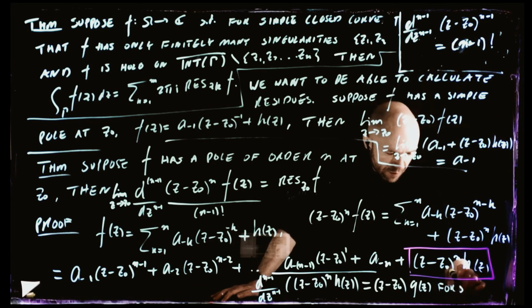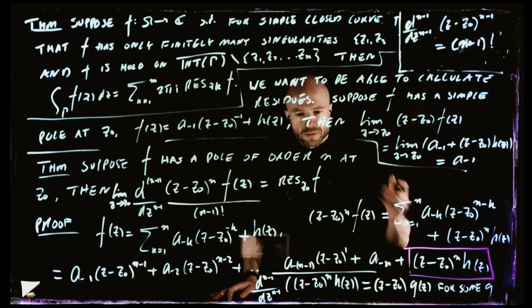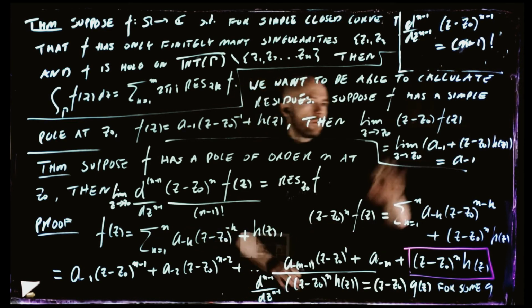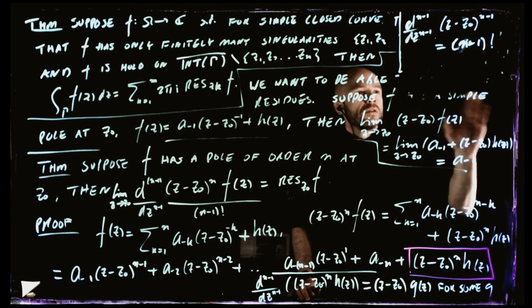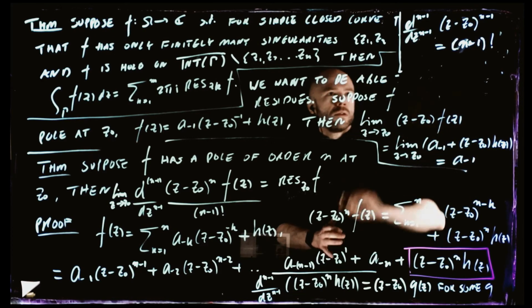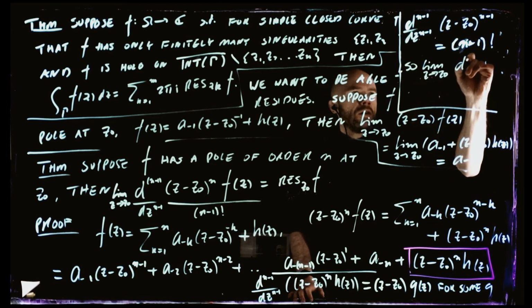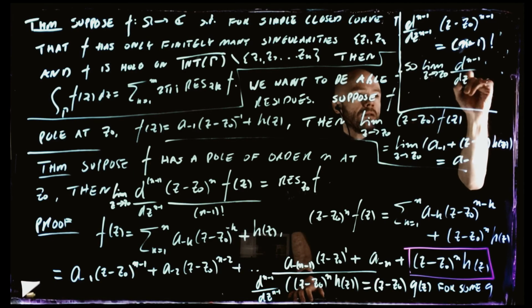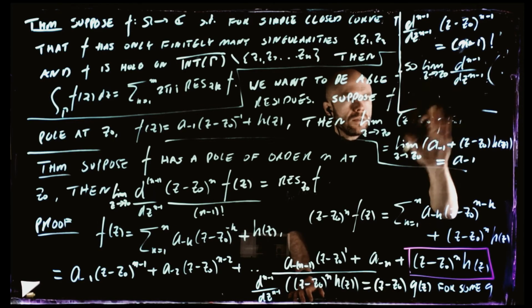For some g, yeah? Well, this is a nice holomorphic function, whatever. We don't care about it, yeah? So, putting it up here, the limit as z goes to z0 of n minus 1 derivatives of our expression here.